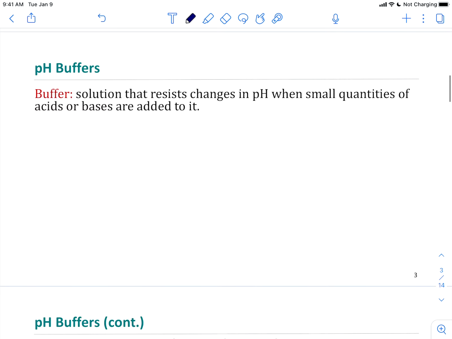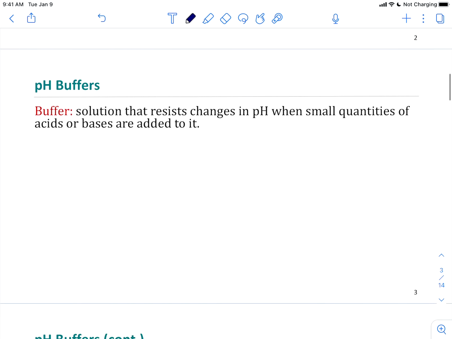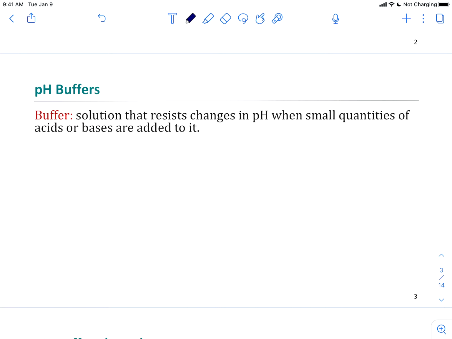Now, pH buffers is a pretty big topic, but we don't do a lot of what's in Chapter 16, as you'll see. This video will be on the shorter side. There are several sections we don't cover in 16. Buffers is a big section, but we're not doing any of the calculations related to buffers.